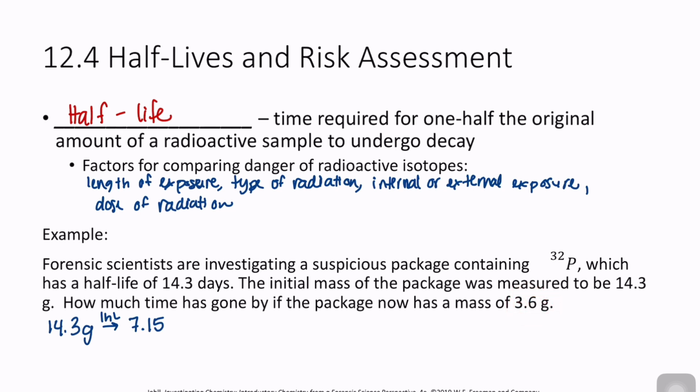This problem is asking about 3.6, so that is not equal to our 7.15 grams. So after a second half-life, I can take my 7.15 and divide it by 2 again, and I get 3.575. Now, this is close to the 3.6 grams, so that tells me that two half-lives have gone by.